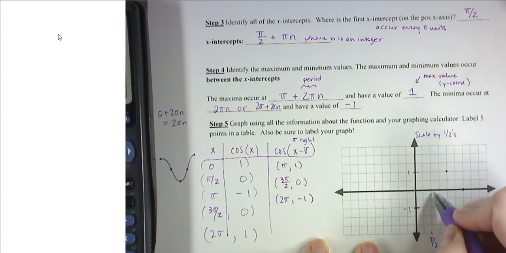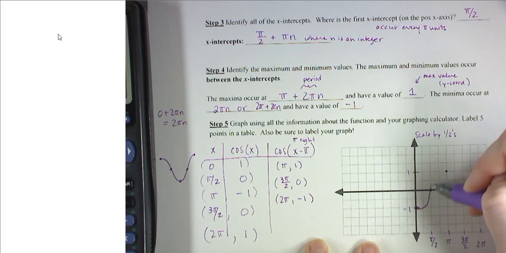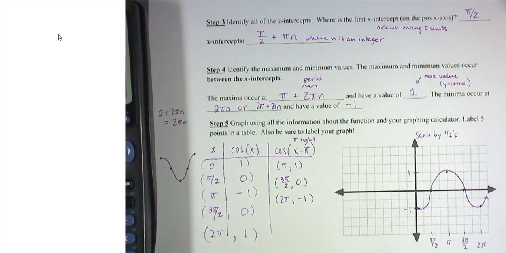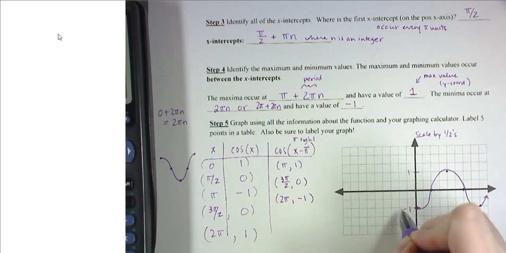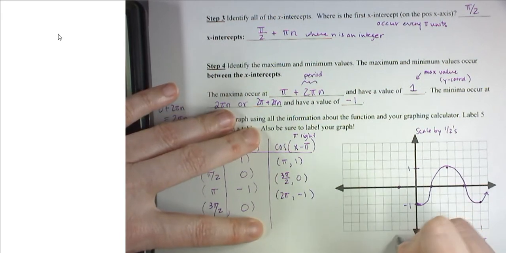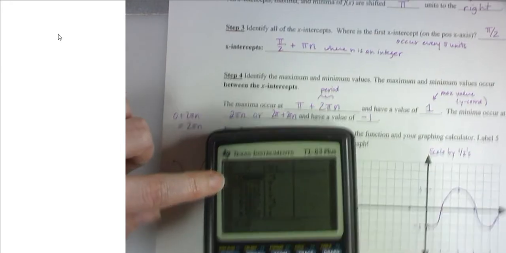So at -pi over 2, I'm at 0. And again, this is also something that you can see on your graphing calculator. Okay, at 0, I'm at -1. At -pi over 2, I'm at 0. At -pi, I'm going to be at 1. And then I'm going to be at 0.